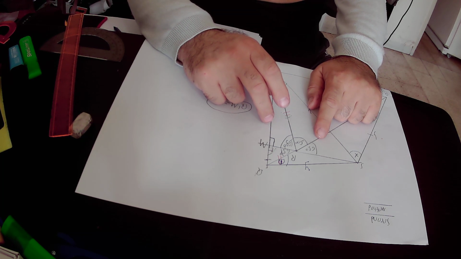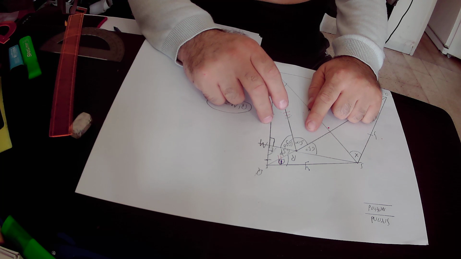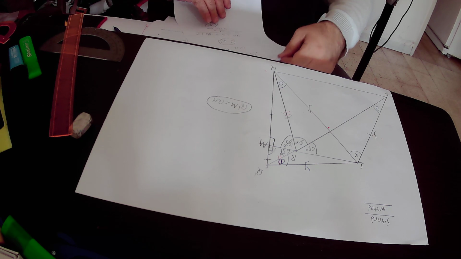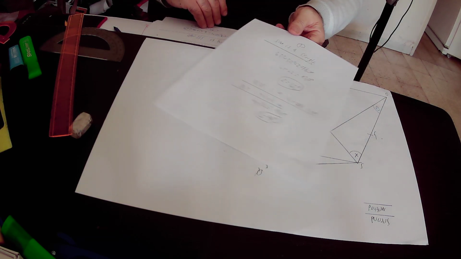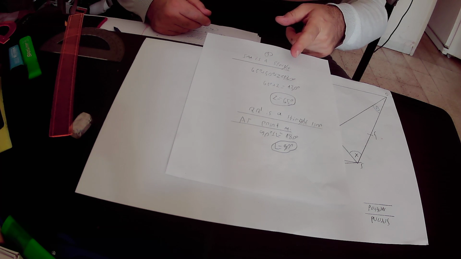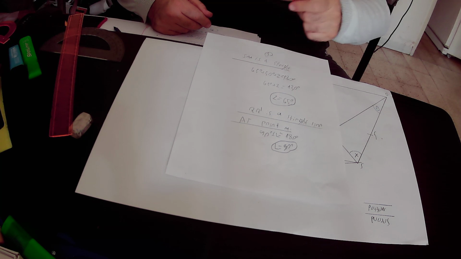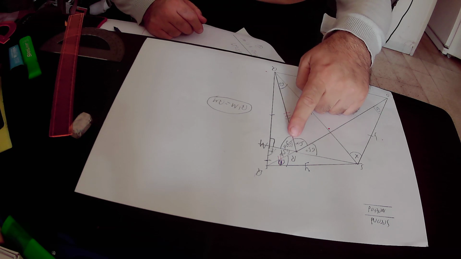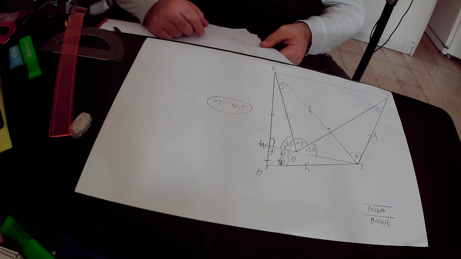That is to say 65 degrees plus 50 degrees plus the size of angle Z equals 180 degrees. From this simple equality, we got that Z equals 65 degrees. So we found out that this angle equals 65 degrees.